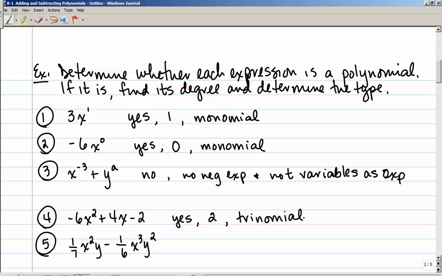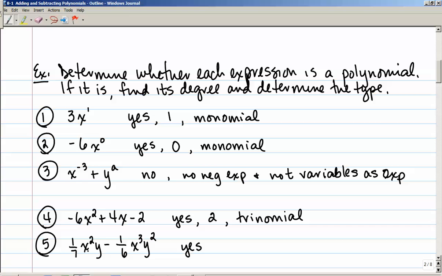And number 5, 1/7 x squared y minus 1/6 x cubed y squared. Yes, this is also a polynomial, even though it has fractions. The fractions are coefficients. They're not fractions as exponents, and there's no variable in the denominator, so this does qualify as a polynomial. Its degree is 5, because let's look at the first term here, 1/7 x squared y.